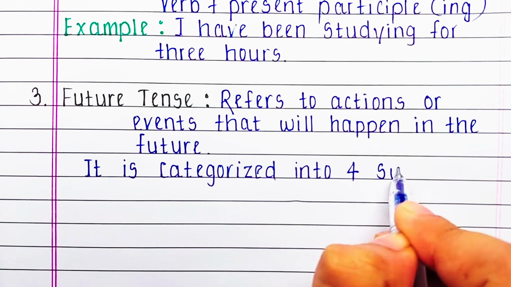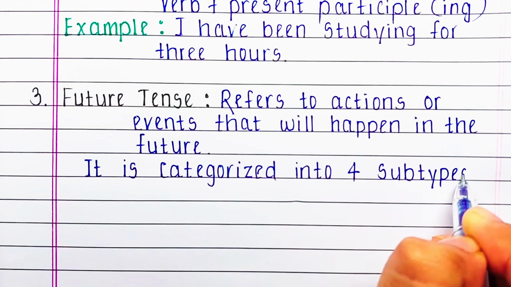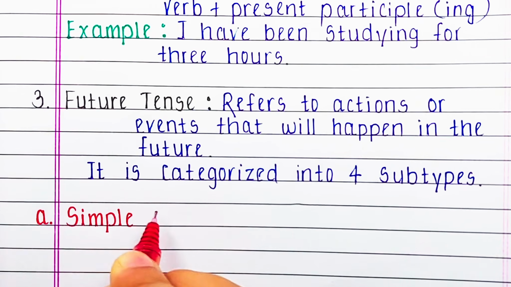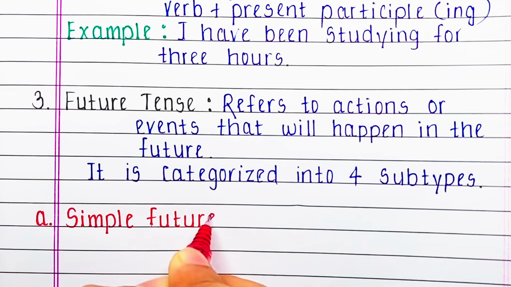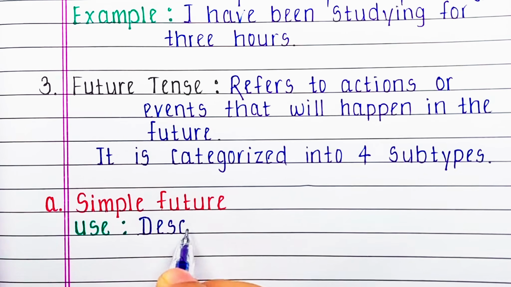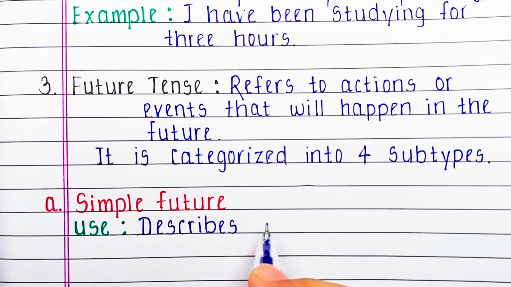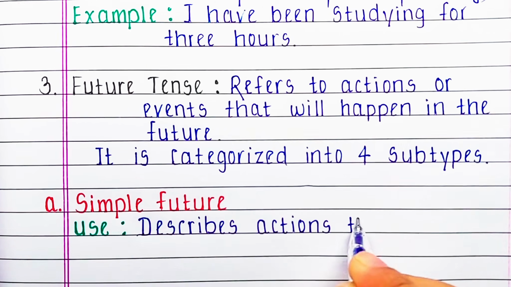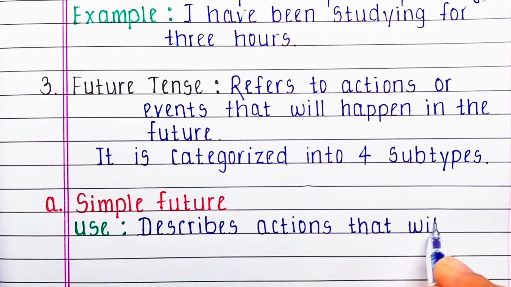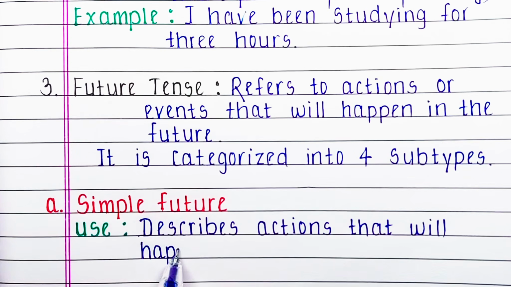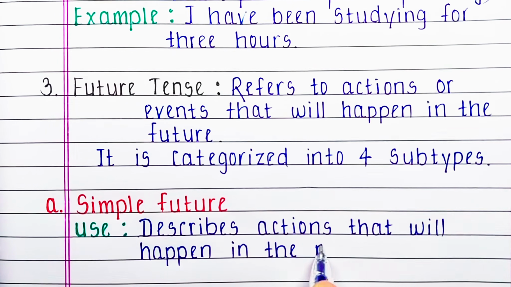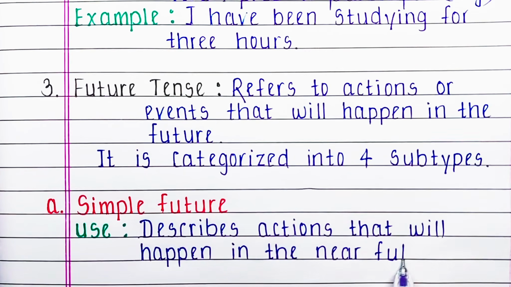It is also categorized into 4 subtypes. First one is simple future. Simple future is used to describe actions that will happen in the near future.